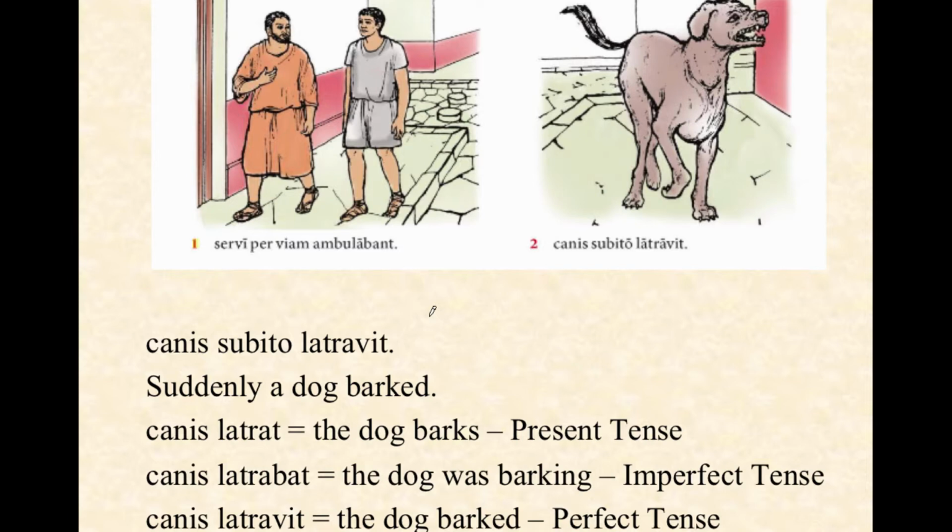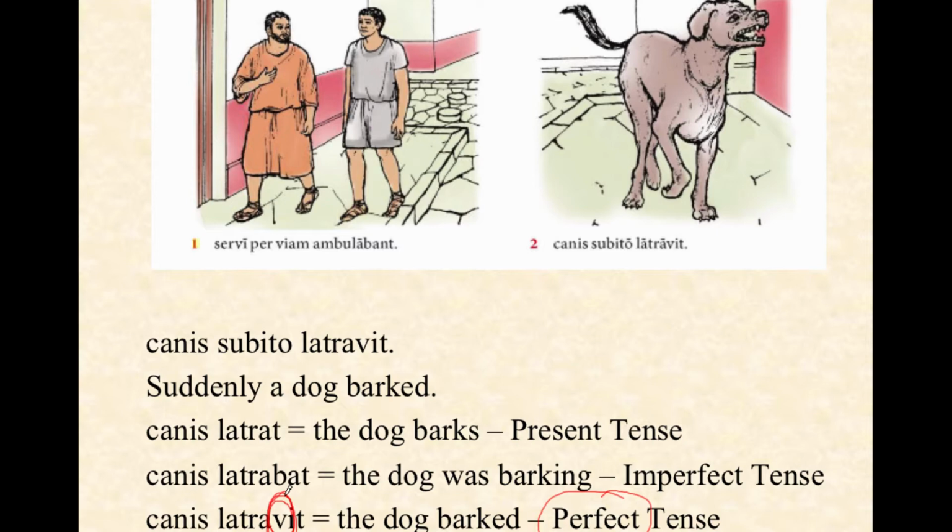Perfect tense. The name of it is perfect tense, but really perfect tense just means the simple past tense. Now, notice we have a V here. For the time being, when you see a V added to a verb, it's going to make it perfect tense, and that means you're going to translate it as simple past tense.